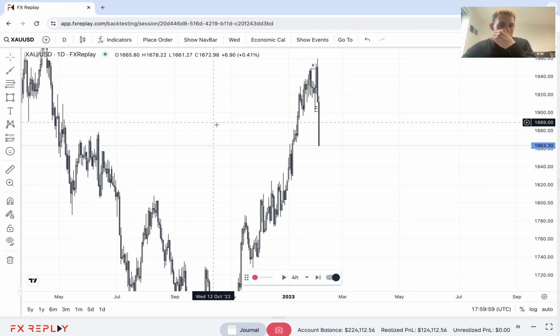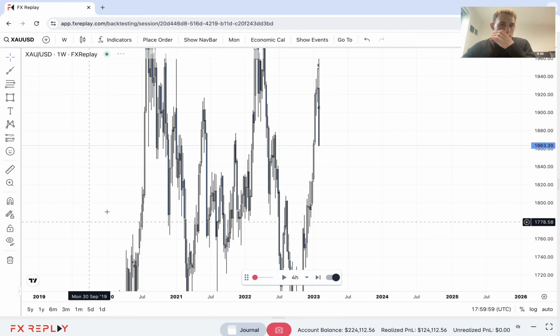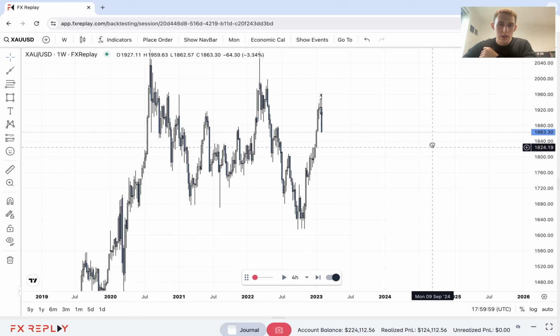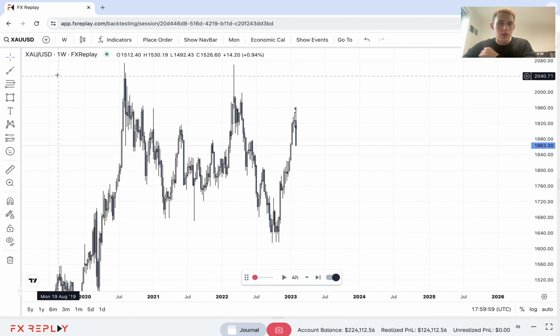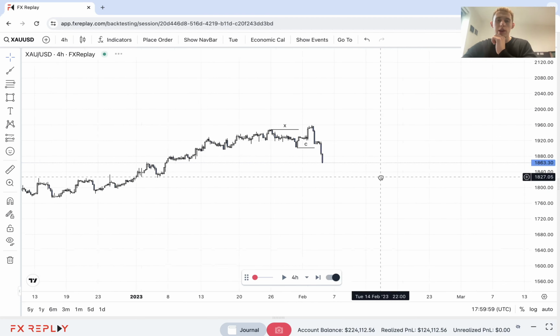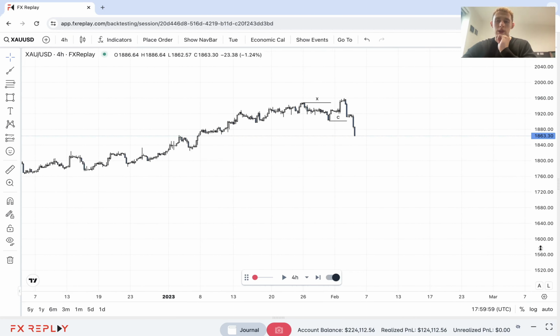So where could price come into now? If we go back to the weekly, I'm not too sure, so I'm just going to follow the 4-hour trend.